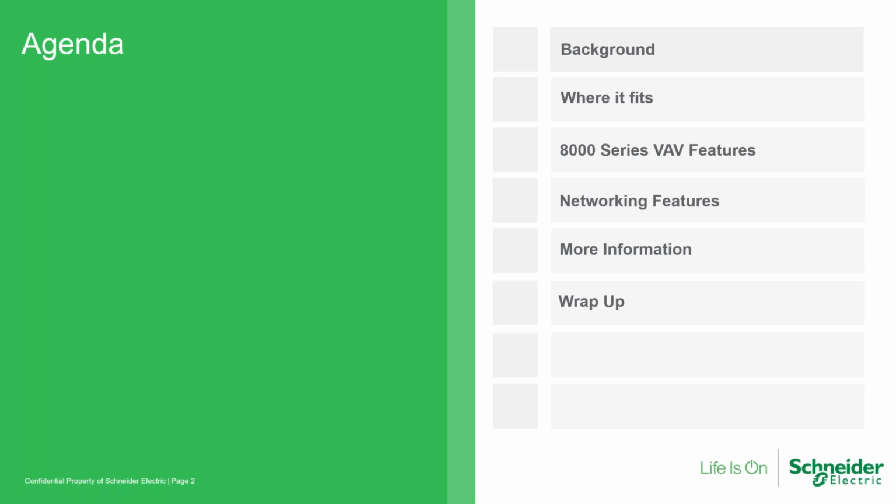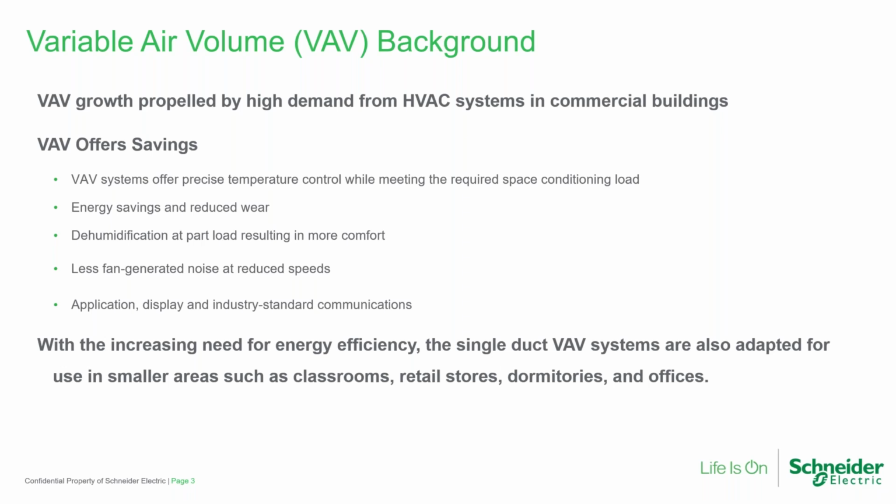So with that said, our first slide is to talk about variable air volume, VAV. If you're on this phone call, you very well understand what VAV is, more than likely. So I'm not going to go through this slide in detail, but in general, VAV is an application that most all of us have seen, whether in a small facility or a larger, high-rise type facility.